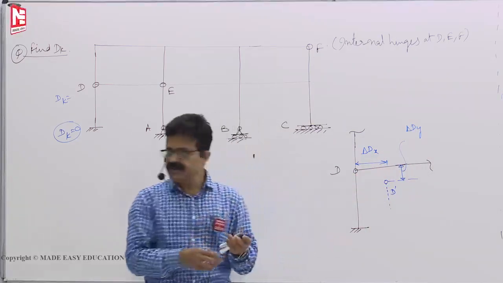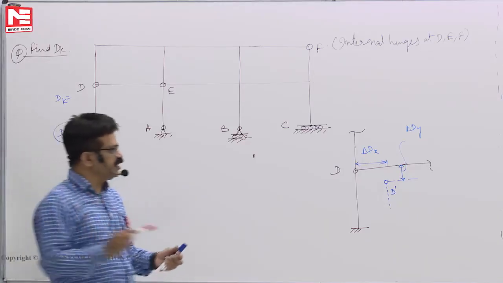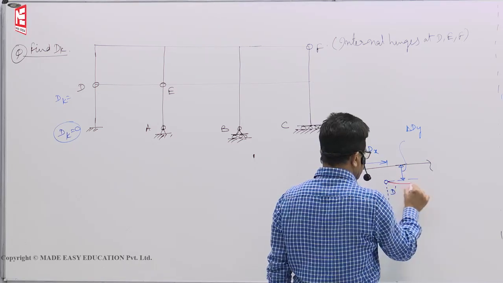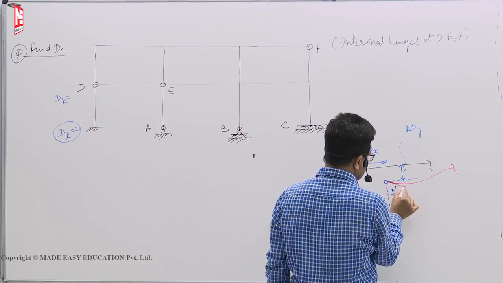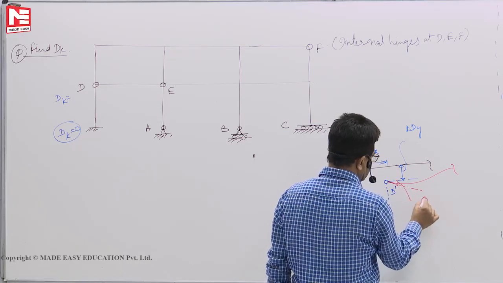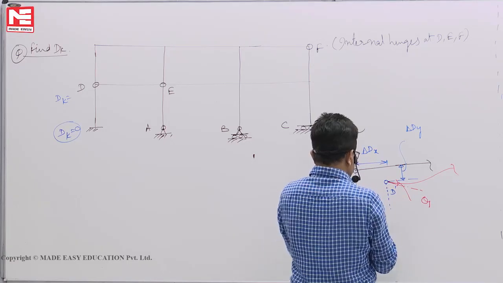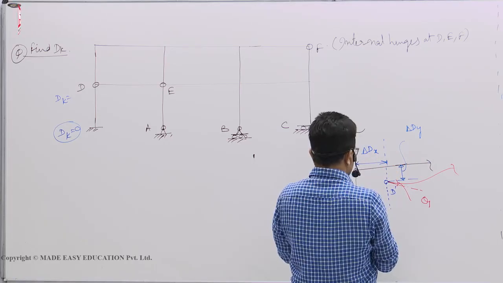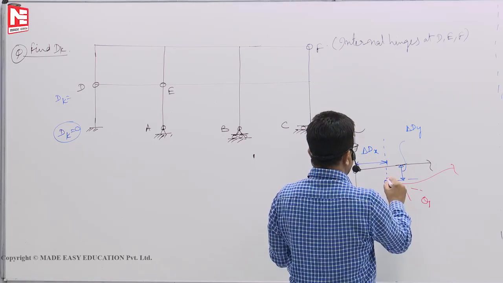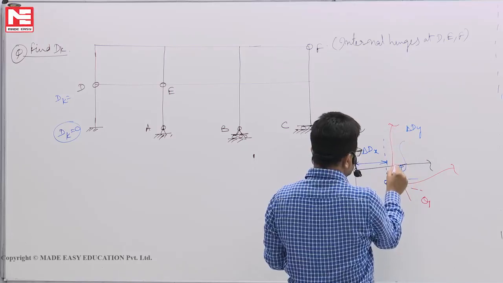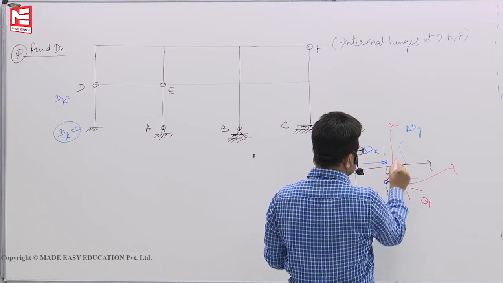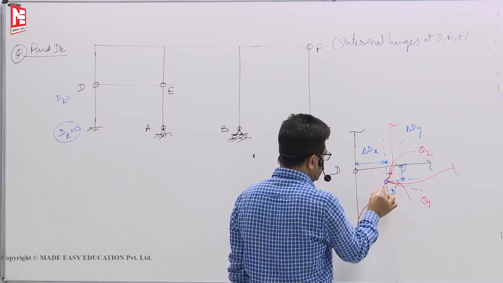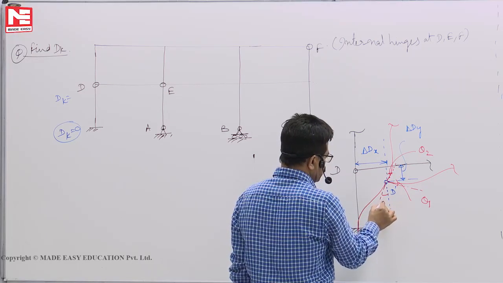Now there is a pin. These three members independently rotate. This member rotated by, say, theta 1 like this. This vertical member can rotate by another angle, theta 2. This vertical member will rotate altogether by a different angle like this, theta 3.